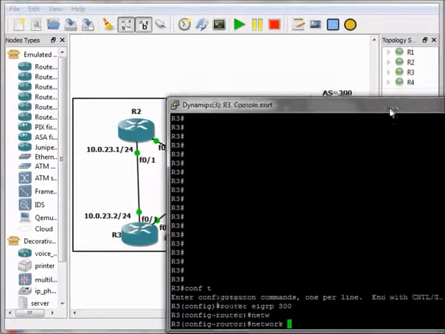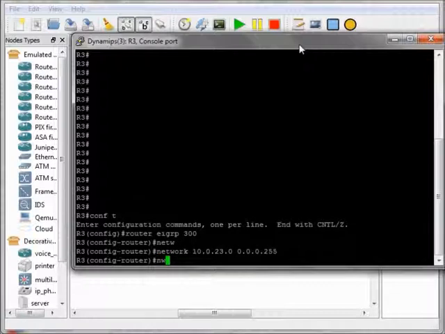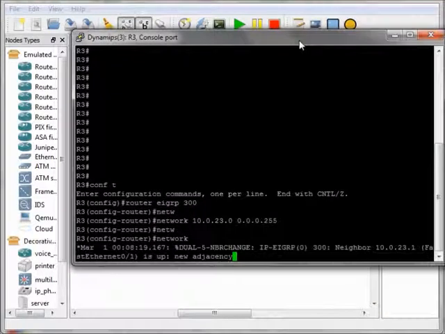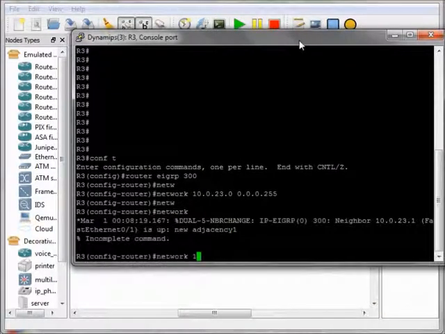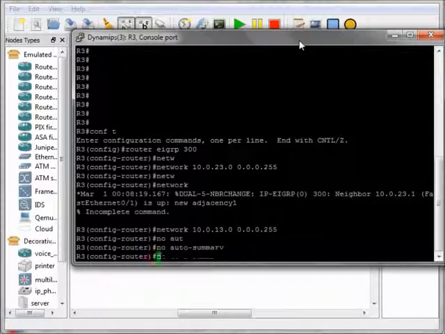First one is 10.0.23.0, 0.0.0.255. And second network 10.0.13.0, 0.0.0.255, and no auto summary.